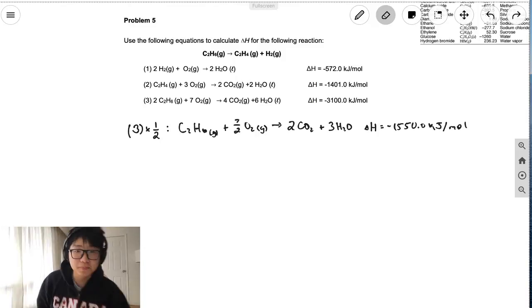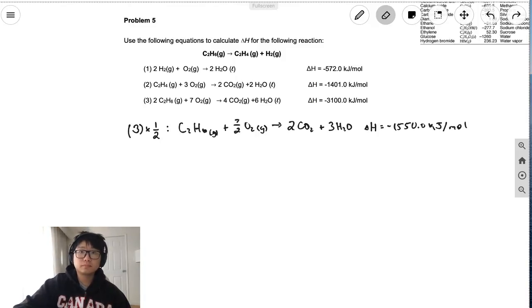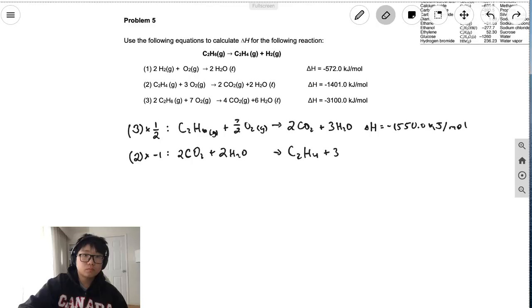Actually negative half, but yep, that looks good to me.